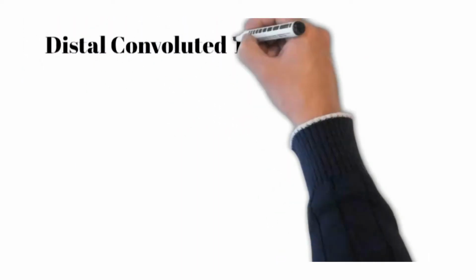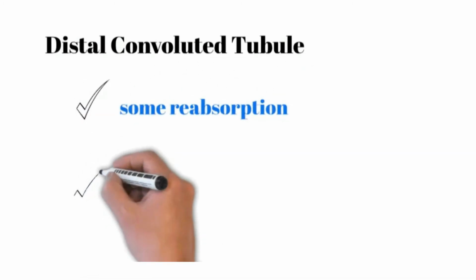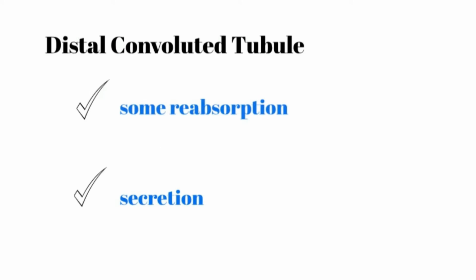When we look at the distal convoluted tubule, it is lined by these simple cuboidal epithelial cells, but they have a smooth surface on the apical surface of those cells. So there's certainly some reabsorption that happens in the distal convoluted tubule.